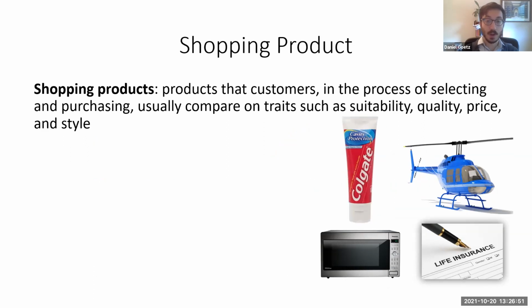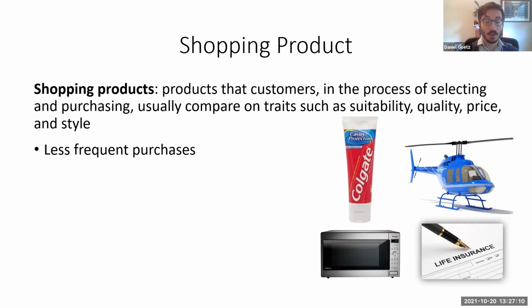Shopping products are products that customers, when they're in the process of selecting and purchasing, usually compare on traits such as suitability, quality, price, style, you know, any kind of attribute that you weigh one against the other.